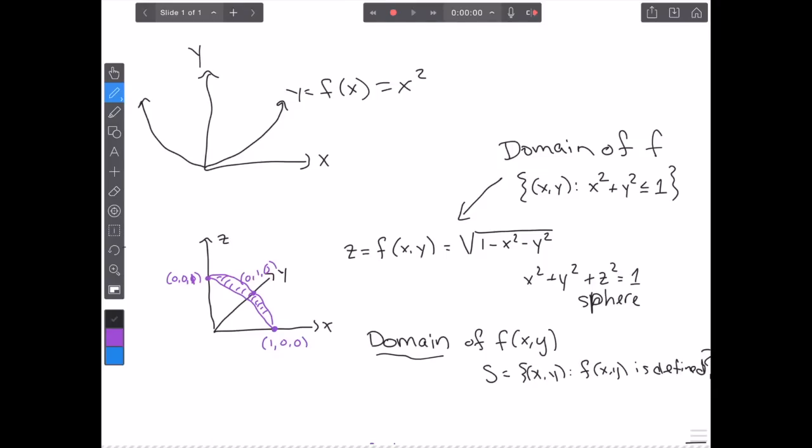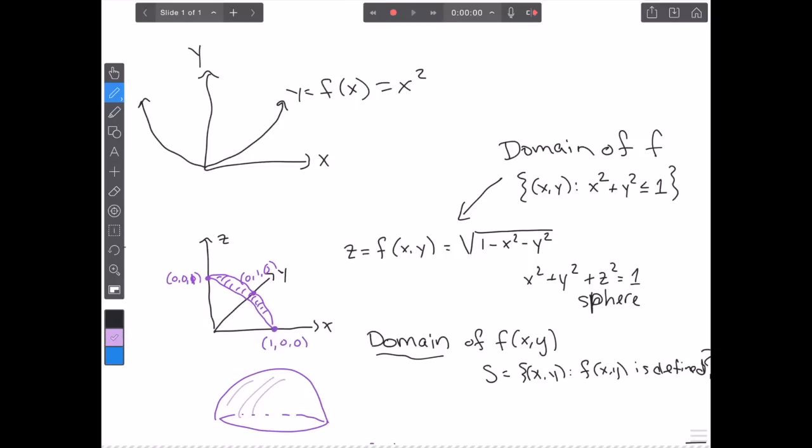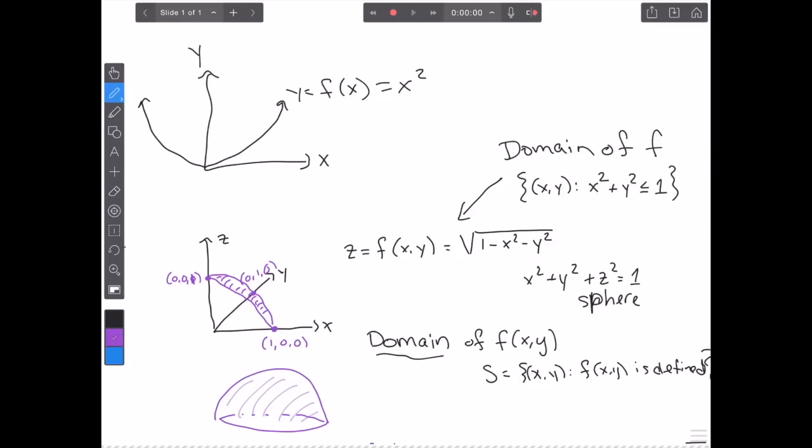In other words, we have a disk in the xy plane, and if we were to go ahead and plot f over that entire domain, what we would end up with would be a function that's like a dome. All right, so that gives you just a little idea of how to plot functions.